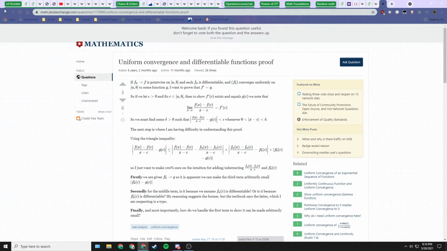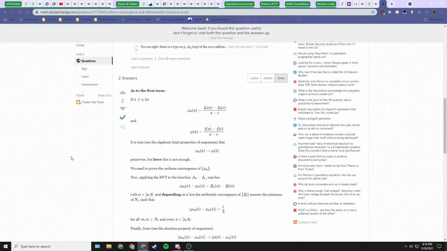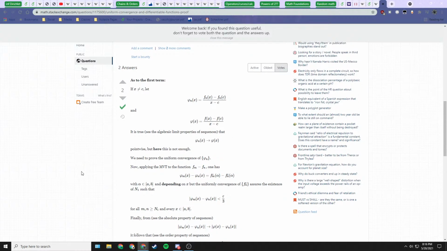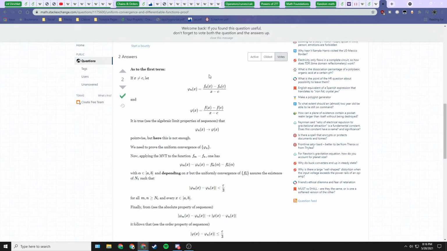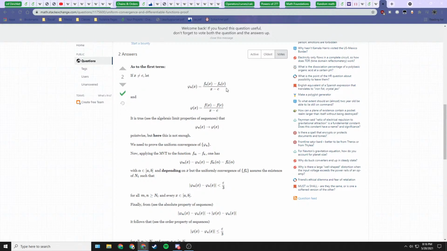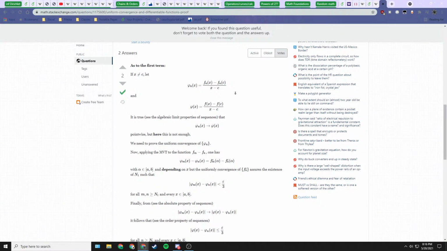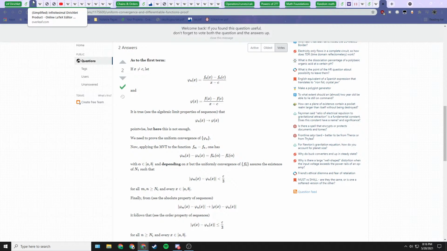Which is interesting. So this sort of standard proof they're doing, they're showing that these difference quotients for each c are converging uniformly, which is interesting.